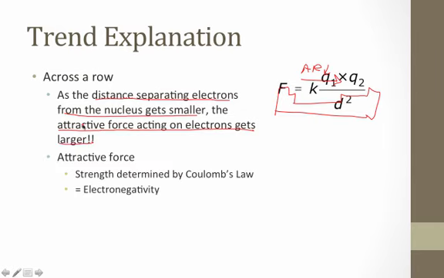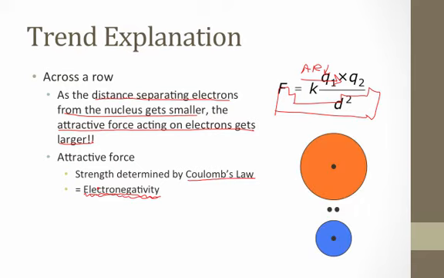Just to put this in a little more perspective, that attractive force, as we already talked about, is determined by Coulomb's law. And that attractive force is electronegativity. If you recall the original definition, electronegativity is the attractive force an atom exerts on a shared pair of electrons. Basically what we can say from all this is that the smaller the atom, notice there's a smaller distance separating this nucleus from here than there is separating this nucleus from here.